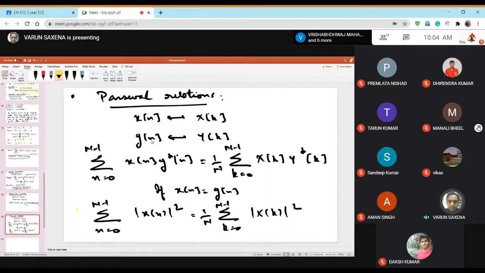This is the energy expression that we know of, because we say that |x[n]|² is a measure of energy. If you divide it by capital N, it becomes a measure of power. So this is the relation. You must remember it.